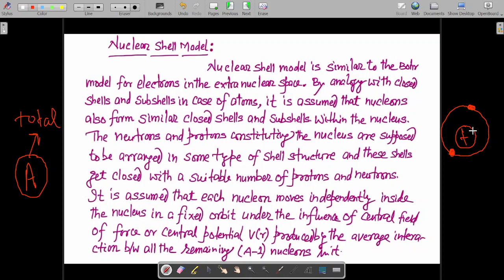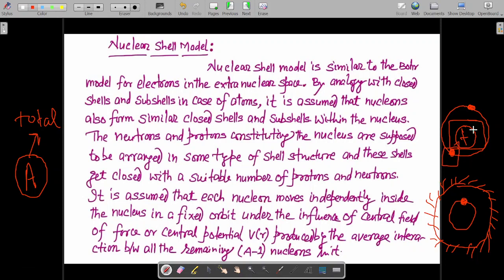Now we are studying what the case is inside this nucleus. When we magnify and look at this nucleus, this is the boundary of your nucleus, suppose. Inside it, as the atom has two electrons, it will have two protons and two neutrons.